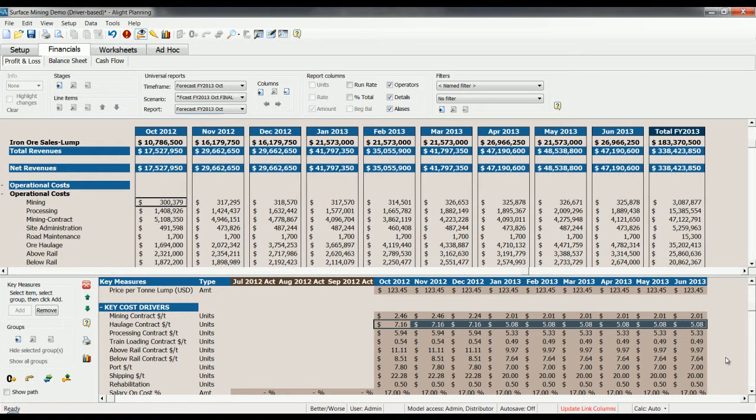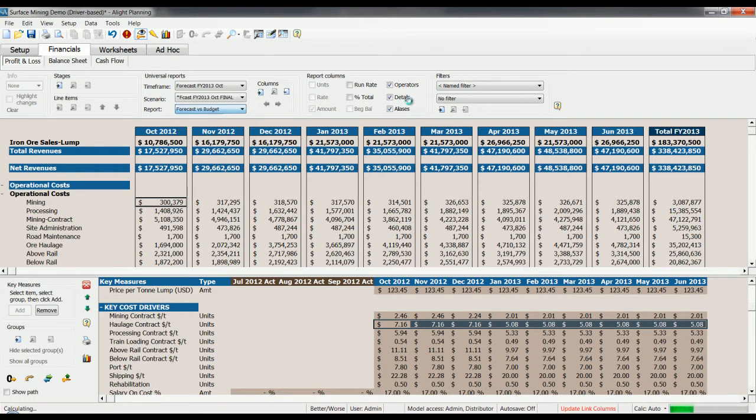Once our forecast is complete, it's common practice to analyze how it compares to our original budget. Again, Alight's built-in analysis tools will allow you to compare anything in the system to anything else in the system. Scenarios to scenarios, versions to versions, and of course forecast to budget.